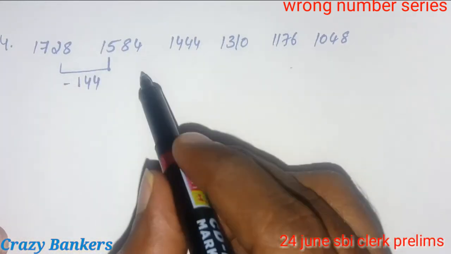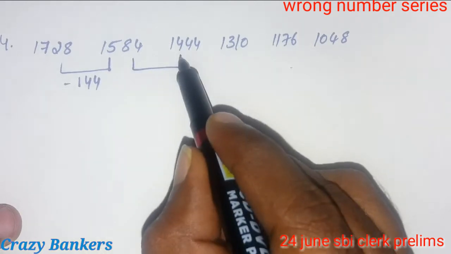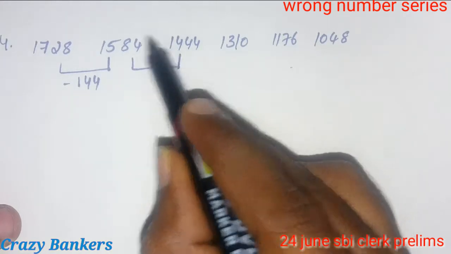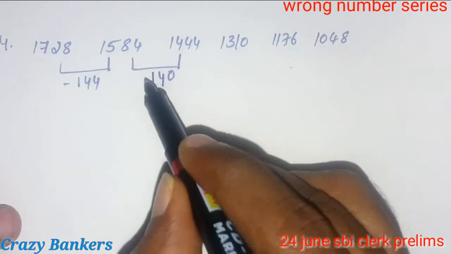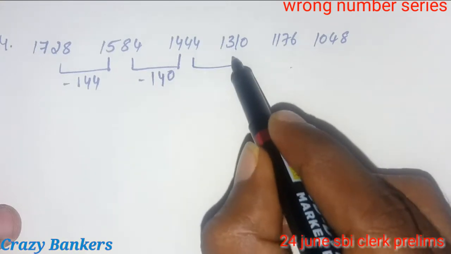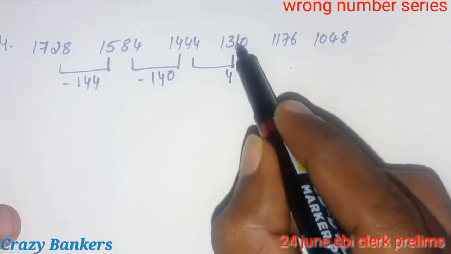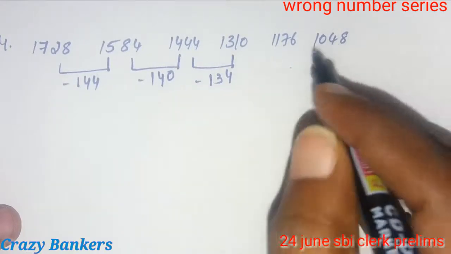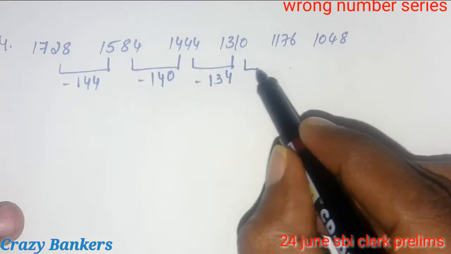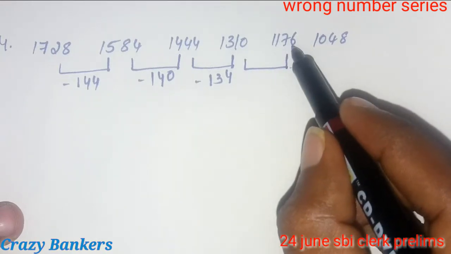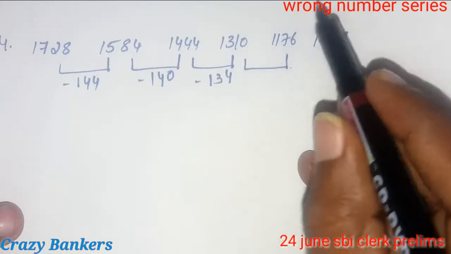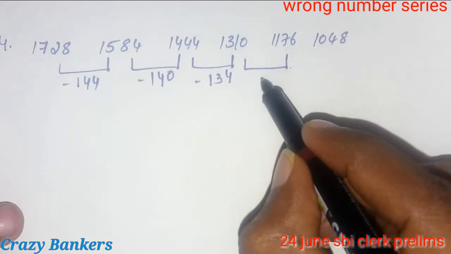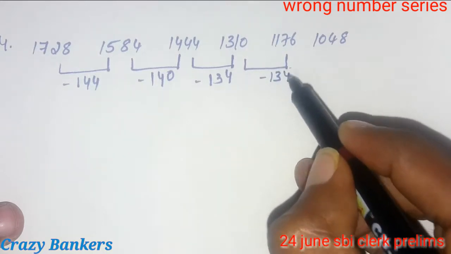Subtraction. Next, 4 minus 4 is 0, so minus 140. Then minus 134.